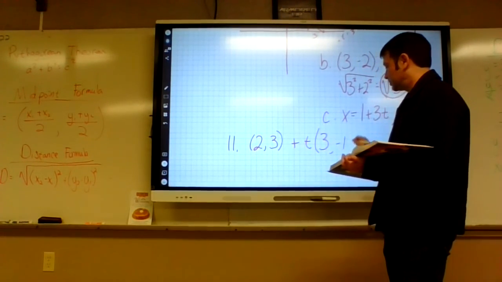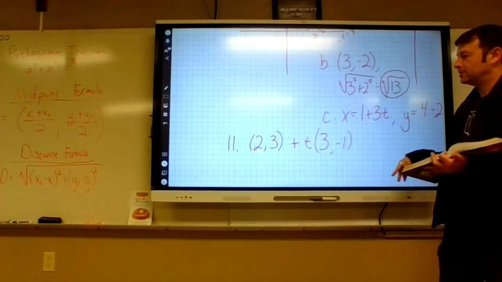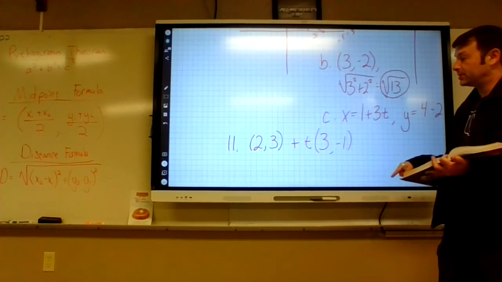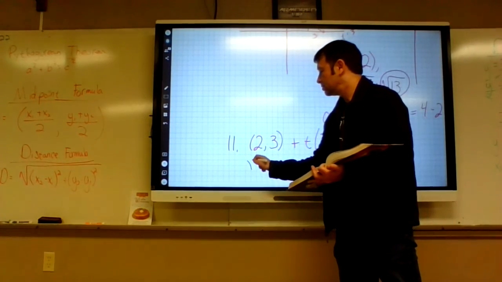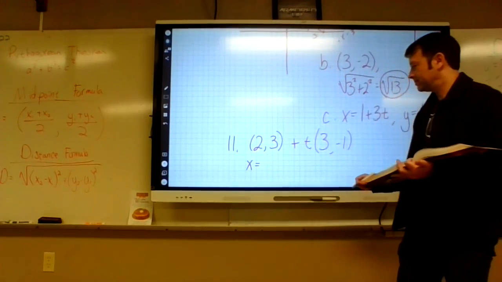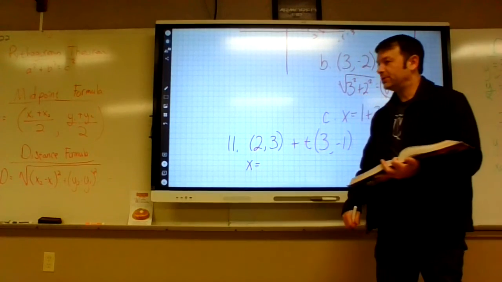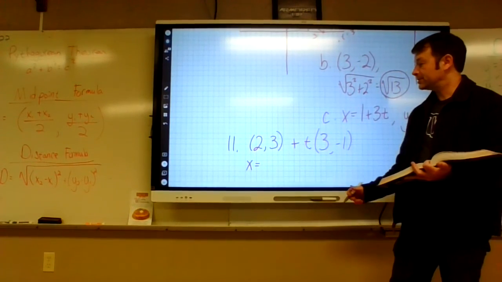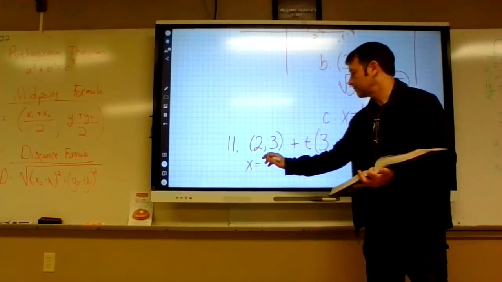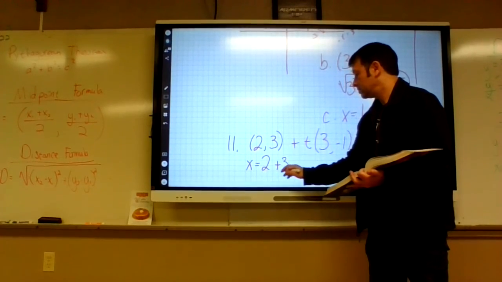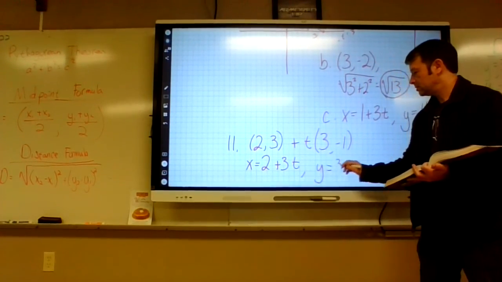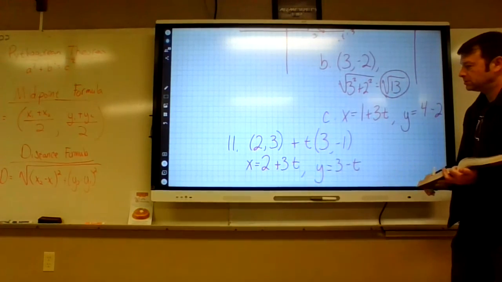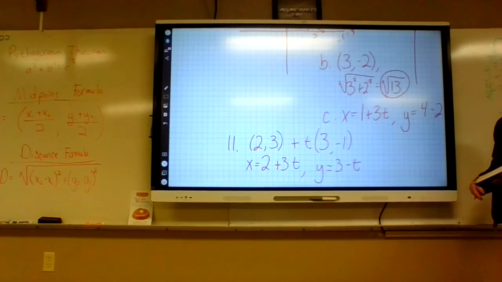Are we graphing this? No, it just says write the vector equation and the parametric equations, like number 1. So, you guys tell me, what are the parametric equations? 2 plus 3t, 3 minus t. Easy peasy. That's it? Yep.